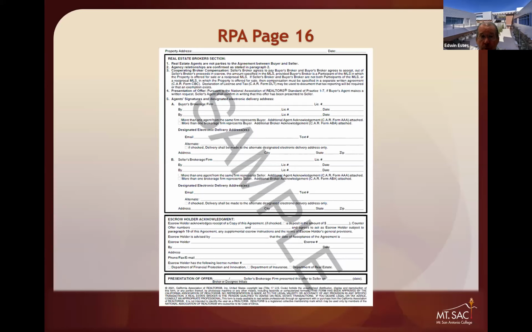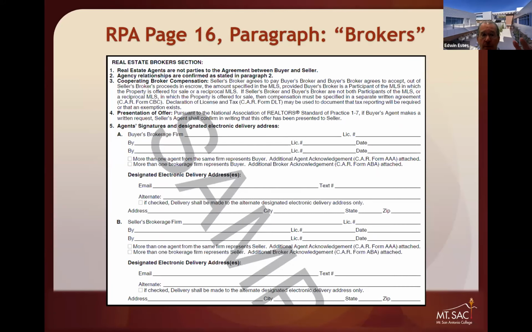All right. So now we go to the real estate broker section and we identify the buyer's brokerage firm and the seller's brokerage firm, all right? And then notice under both 5A and 5B, designated electronic delivery addressees or addresses.